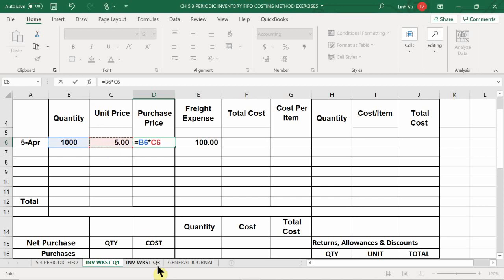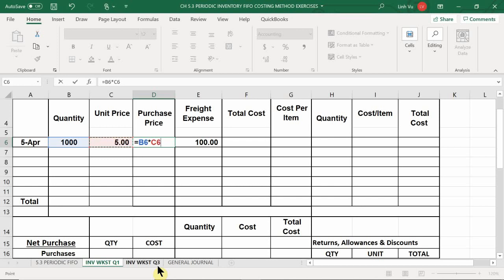My formula for my purchase price is going to be my quantity times my unit price. In this case, I'm using cell referencing and I'm not entering in multiply these two numbers together. I'm just using the straightforward symbols that are above your number keys, or your shift keys. So I'm typing in here that I want to figure out my total purchase price, which is my quantity times my unit price.